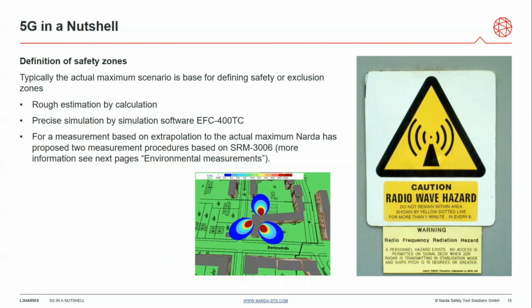Talking about solutions, what we are planning for next year is to have a down converter with the SRM 3006. That means a kind of horn receiving antenna, which will address the higher frequency range of 5G. In that antenna will be a down converter, so that the millimeter wave frequency range will be down converted to the 6 gigahertz range, which the SRM 3006 can handle.